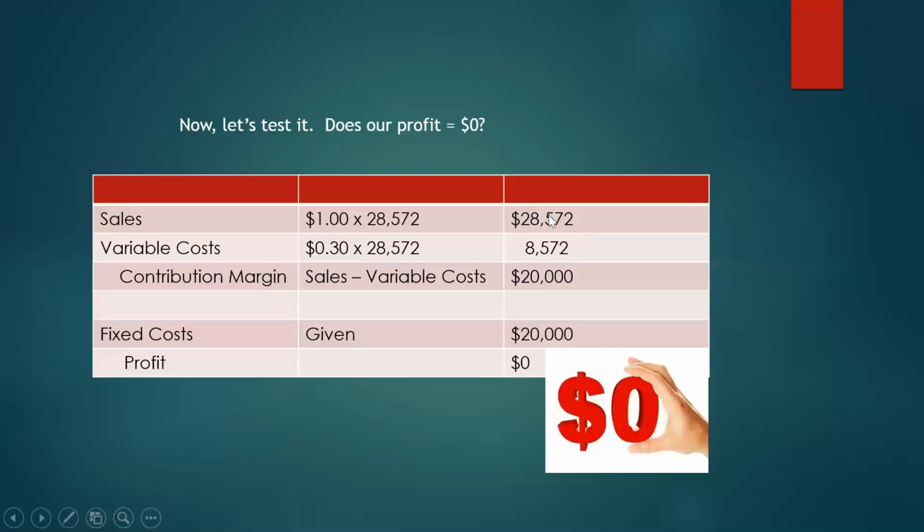So $28,572 revenue minus variable cost of $8,572 equals $20,000, minus fixed cost of $20,000 gets you profit of 0. So woohoo! Our break even equals 0.